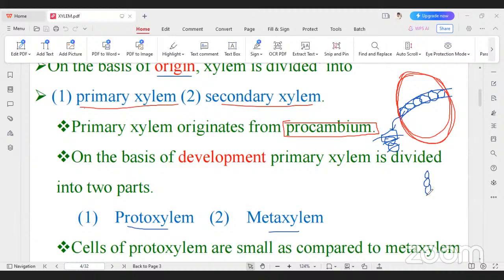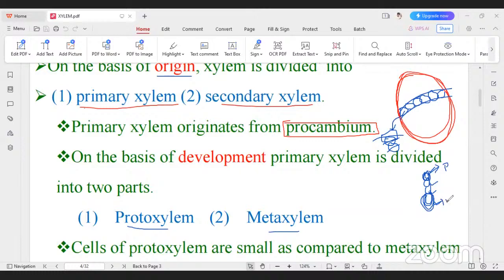After division, a group of cells is formed, but they develop variously. For example, this is the first to develop, later this one, and finally this one. That's why the last developed is small in structure, and the first developed is large in structure. The first formed, the small one, is called protoxylem.